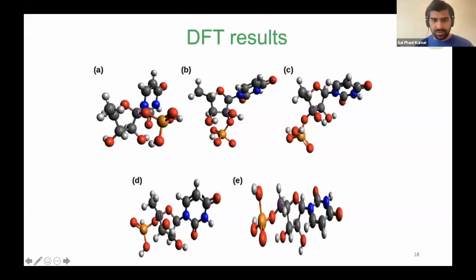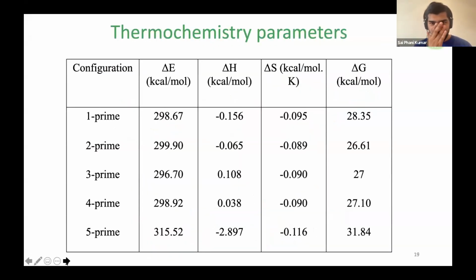Coming to the reliability of the computations, if you see the enthalpies of formation, the complex formation is exothermic, because if the process is exothermic, the delta H would be negative.